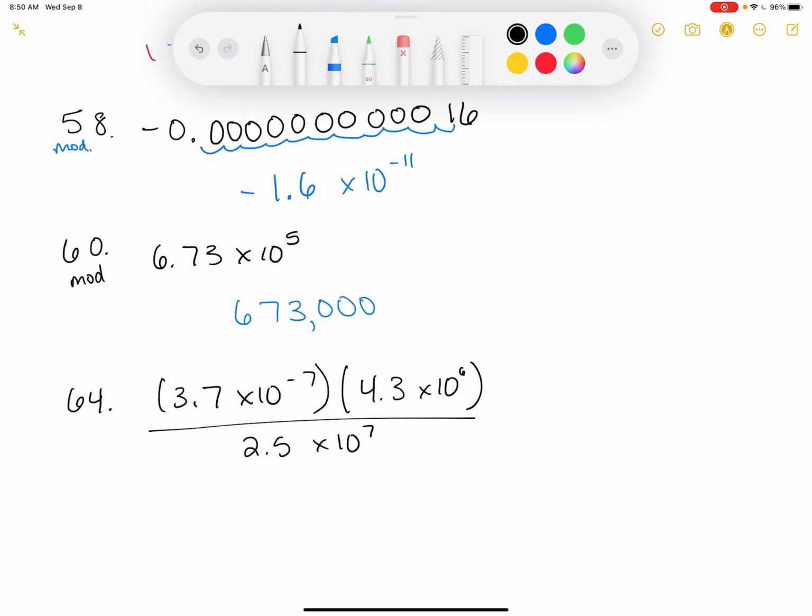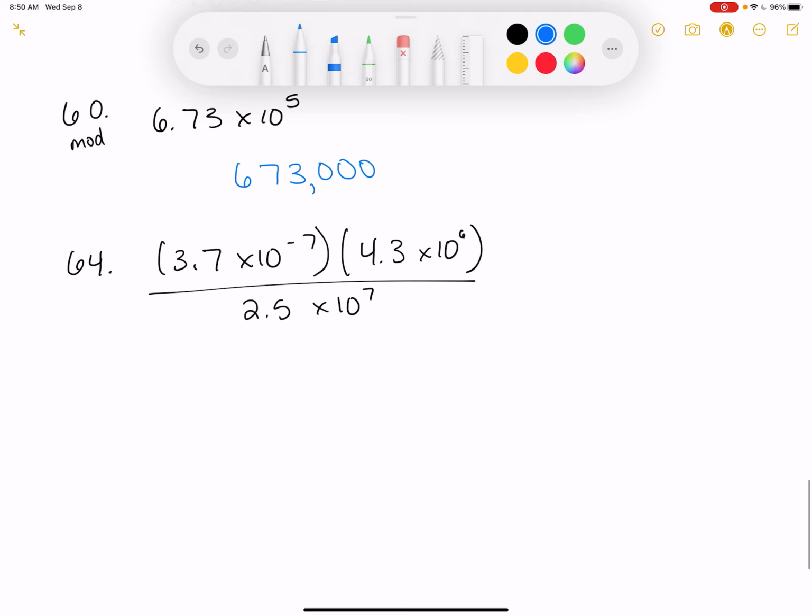You would ignore the 10s and multiply the 3.7 and the 4.3, and then you would combine the exponents. Negative 7 plus 6 minus 7, sorry.